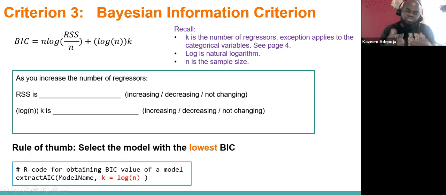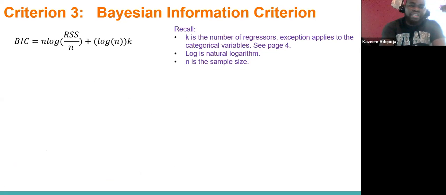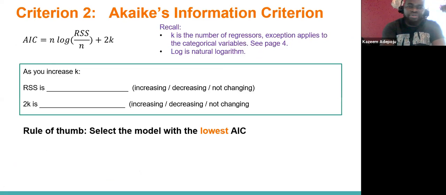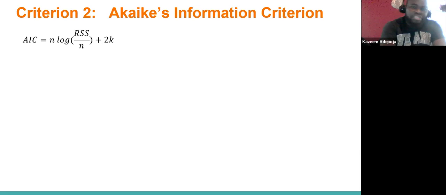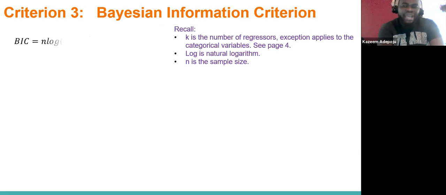But let me tell you something. If I were you, I would advise that you use the three criteria. What decision will you take based on the adjusted R squared? What decision will you take based on the AIC, and what decision will you take based on the BIC?